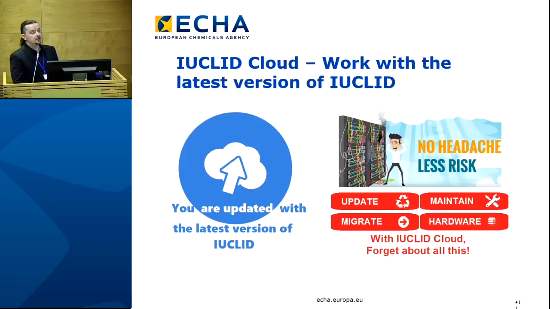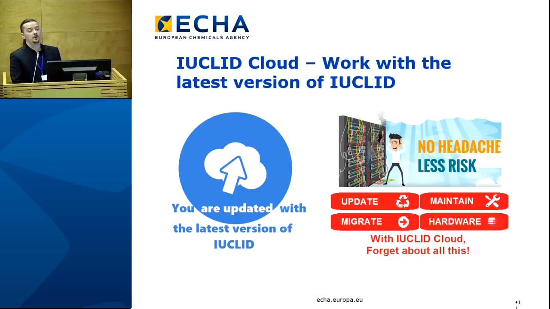So what's the advantage of using the cloud for the SME versus using a standard Euclid? Well, the first thing is that you don't have to care about updates. You don't have to care about migration of data. You don't have to care about any kind of maintenance or buying any kind of hardware, because it's running on ECHA environments, and every time there's a new version, we will be updated.